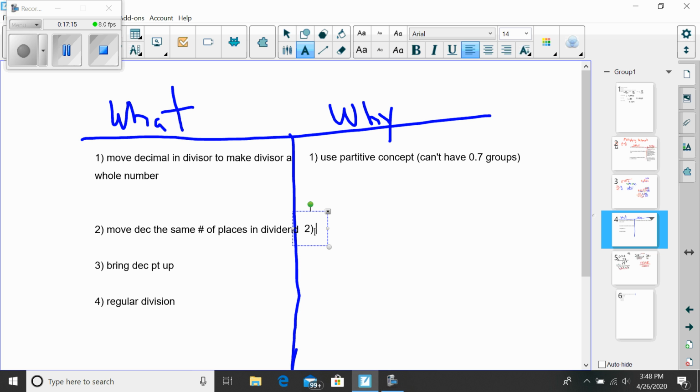Why do I move the decimal the same number of places in divisor as dividend? That's my rule of equal quotients. Bring the decimal point straight up. I do that to maintain place value, and then I do regular old division.